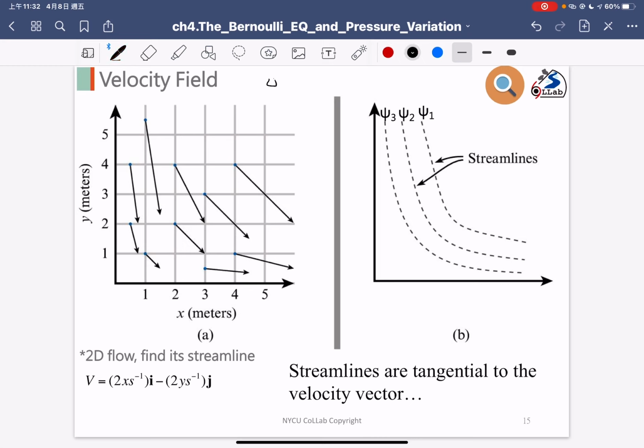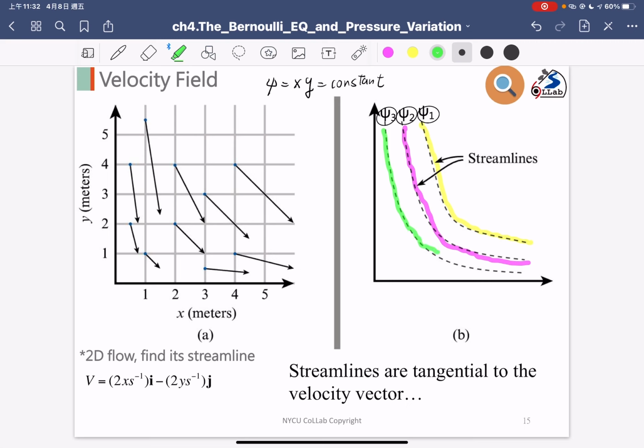So we see the next slide, which is based on the stream function. We have the stream function, the xy function, but it will equal to different constant values. So here we have streamline 1, streamline 2, and streamline 3. Depending on the different constant value, you have a different streamline curve, but all of the streamline curves will be parallel to each other.